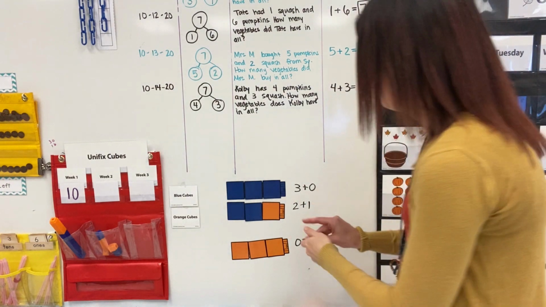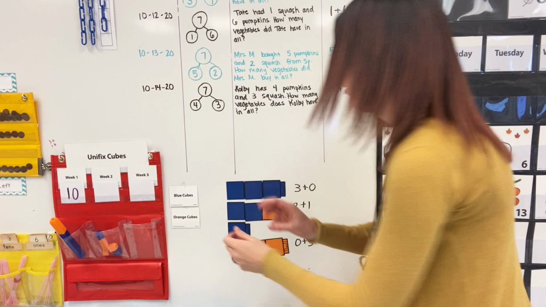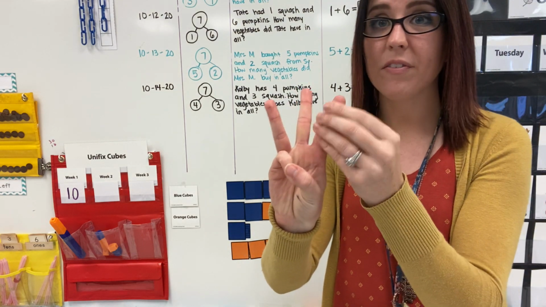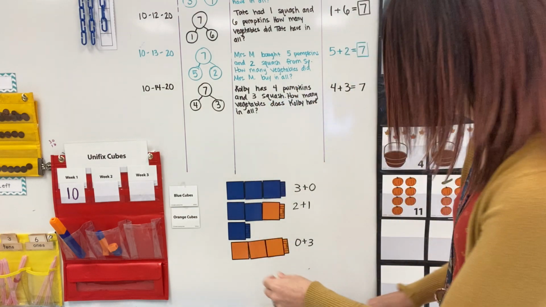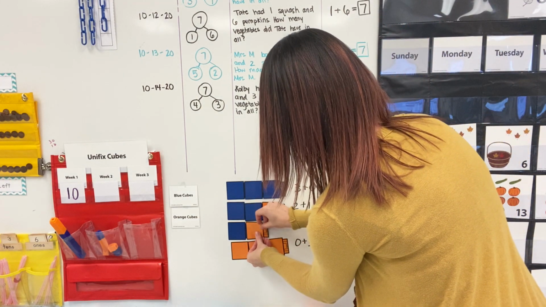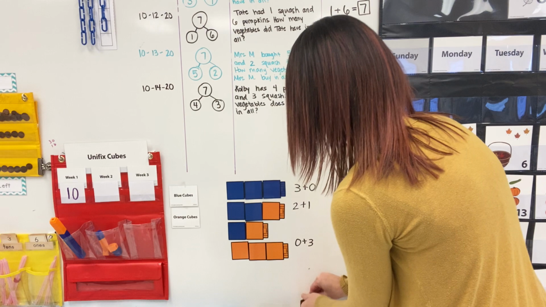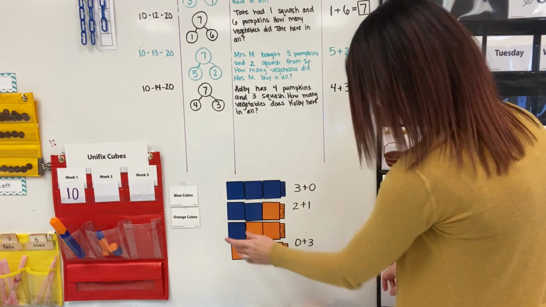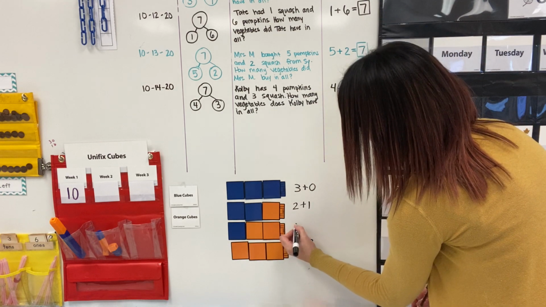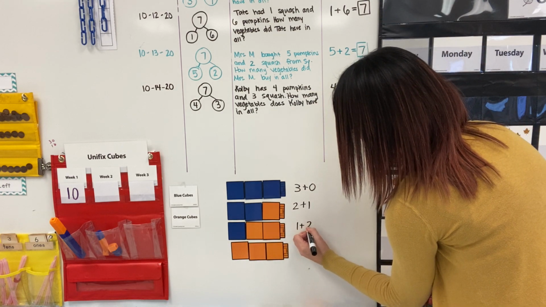There could just be 1 blue. And if we have 3 and only 1 of those is blue, how many are orange? 2 would be orange. You're exactly right. See? 1, 2, 3. And that 3 is made of 2 and 1. So it could be 1 blue and 2 orange.